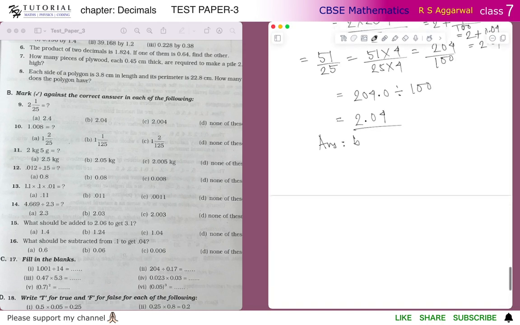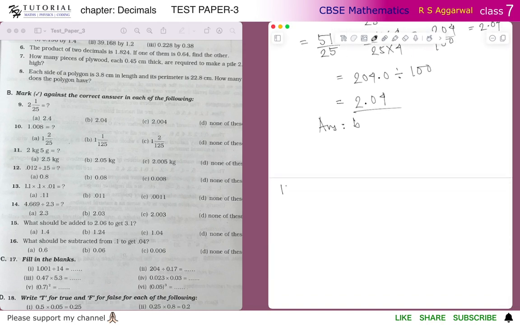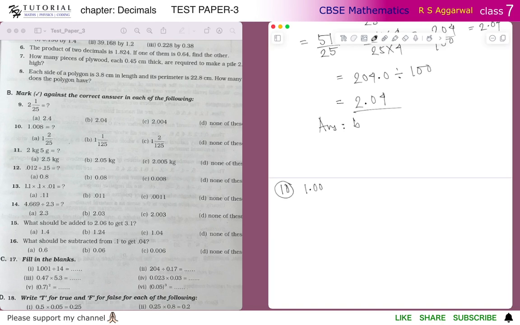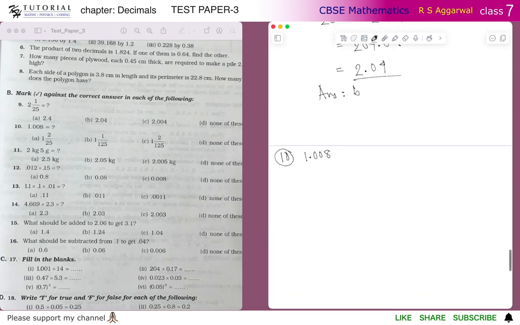Okay, let's do question number 10. 1.008, it's asking to convert this decimal number 1.008 to a mixed fraction. So let's see, first we have to convert it to a decimal fraction. It will be 1008 divided by 1000 because the decimal places of the decimal number is 3.